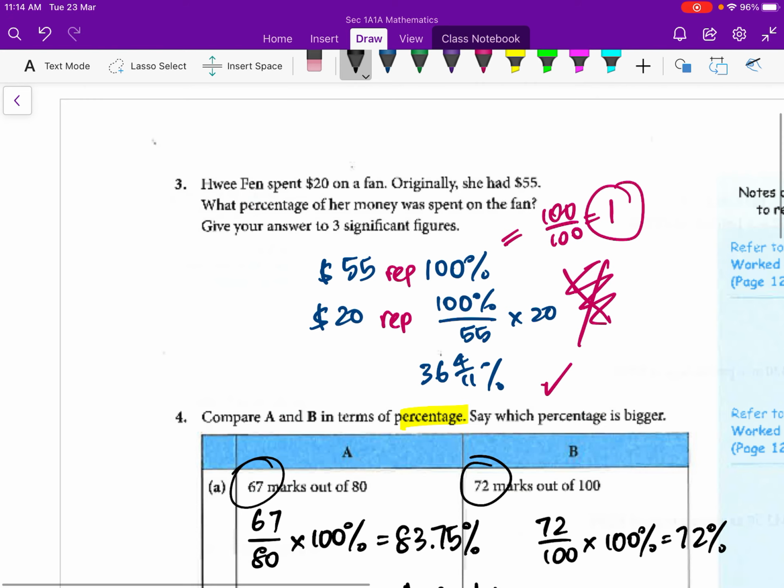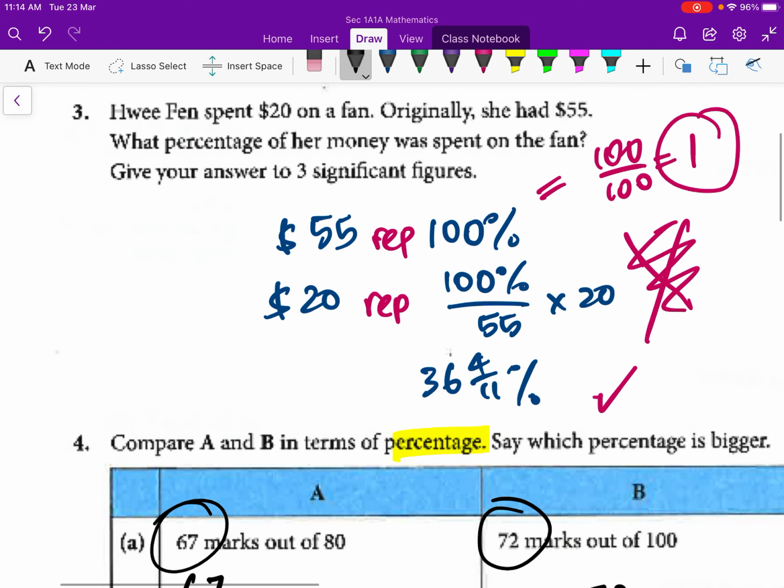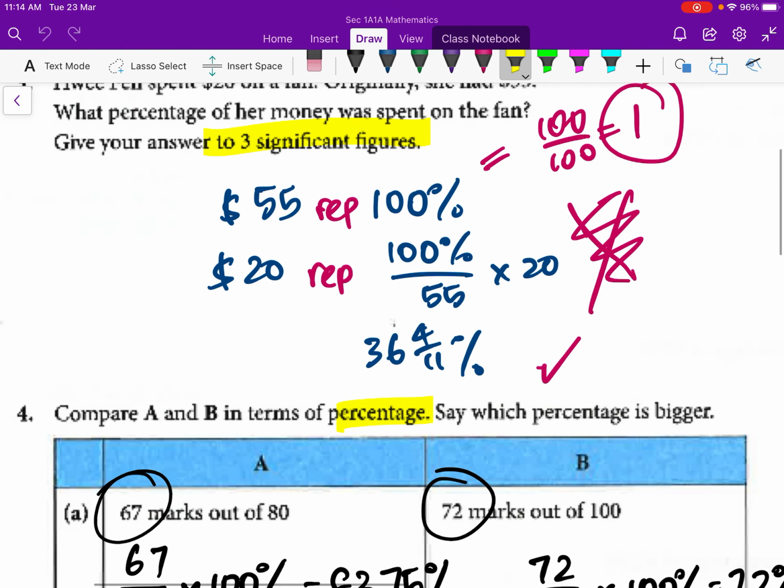Hey, oh, sorry, I didn't notice that. Question 3. Give your answer to 3SF. Sorry, my mistake. I heard how you say decimal, but I didn't notice this. Okay, sorry. You are right.